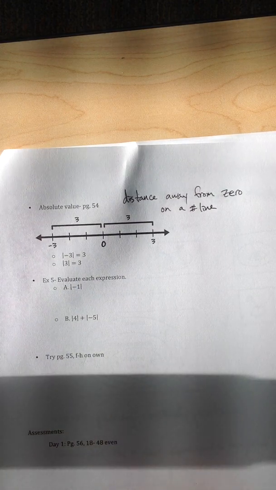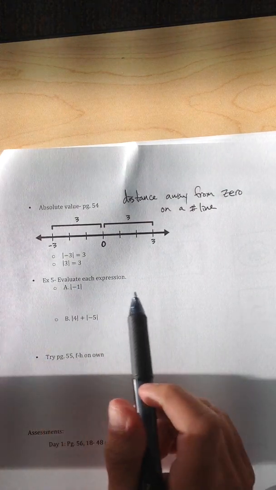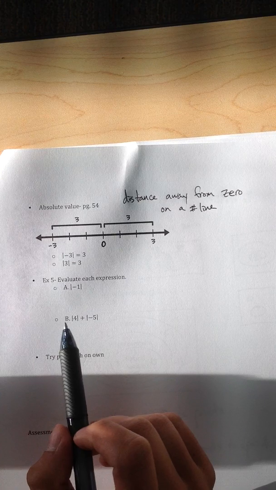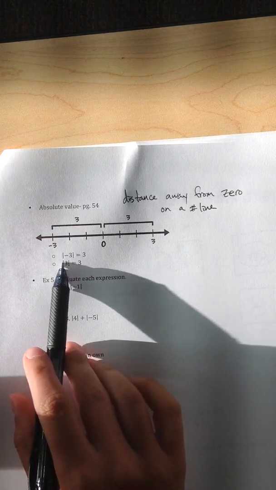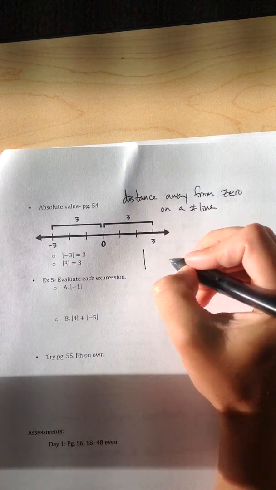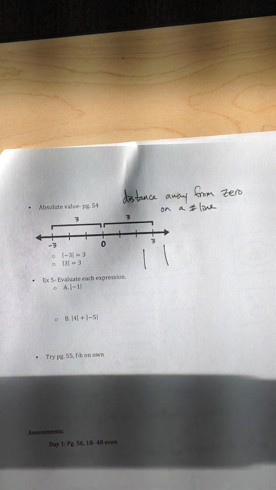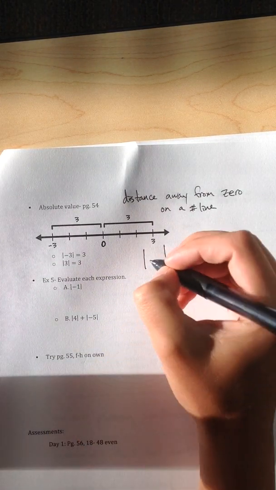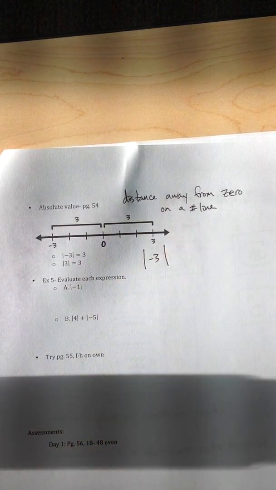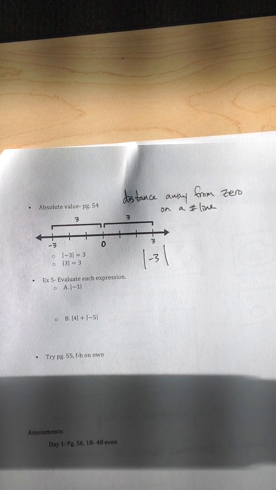Okay, so if we're looking here at this picture, they kind of give a good example of what's going on here. So if I wanted the absolute value of -3, and we mark absolute value by basically tall straight up and down lines like that, and then whatever's inside of those, so like -3 in this case, that's what we're trying to find the absolute value of.